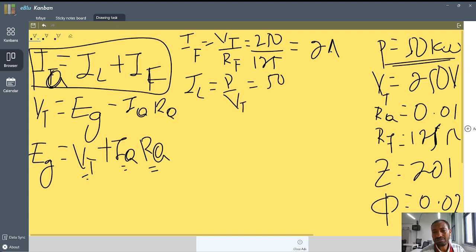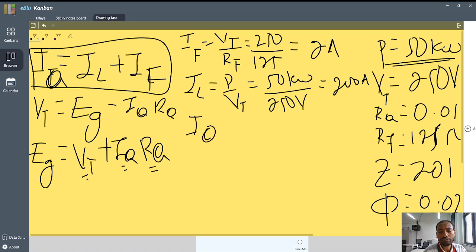My power is 50 kilowatt and the voltage is 250 volt. Therefore, IL is going to be 200 ampere. Then what is IA? It is the summation of those two: 200 plus 2, 202 amp.